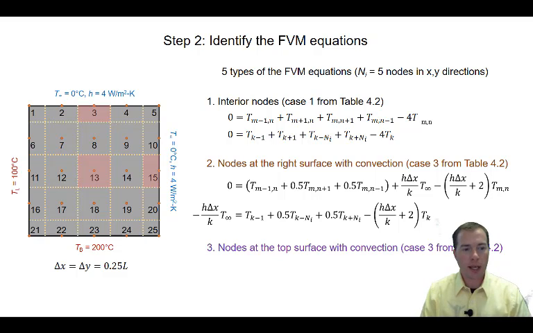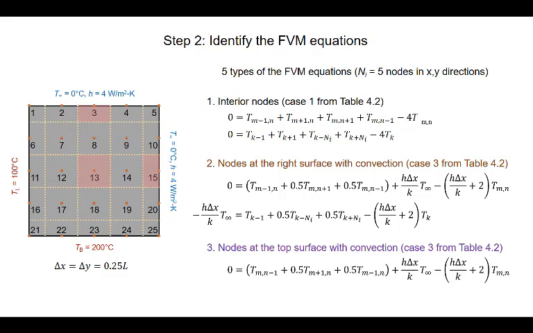The third type of case that we have is nodes at the top surface with convection. This is case number 3 from table 4.2. Nodes 2, 3, and 4 fall into this particular case. We can also use case 3 from table 4.2. We just have to translate the information. Here we have now the tmn-1, which is the case for conduction from the node on the interior.